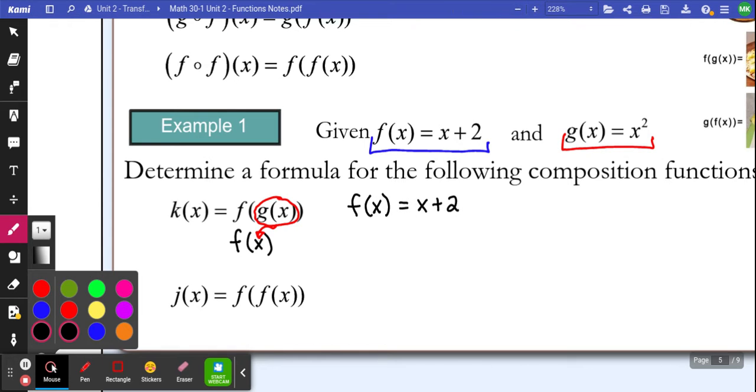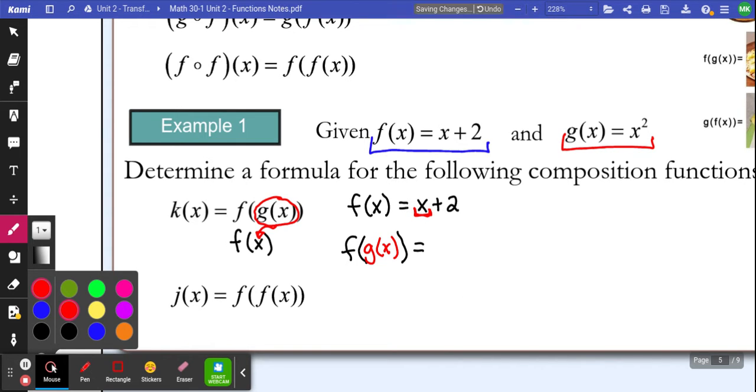That's regular f of x. They're saying change x to be g of x. So you would actually replace the value x with the entire function g of x.